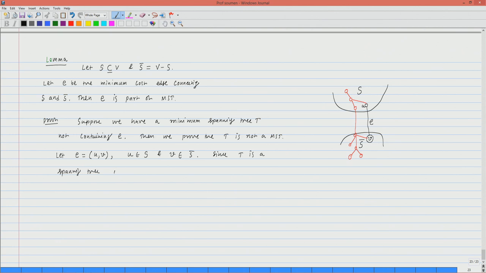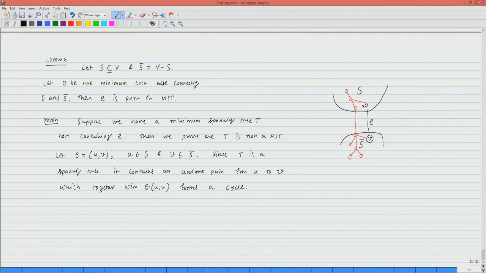It contains a unique path from U to V, which together with E, which is U V, forms a cycle.